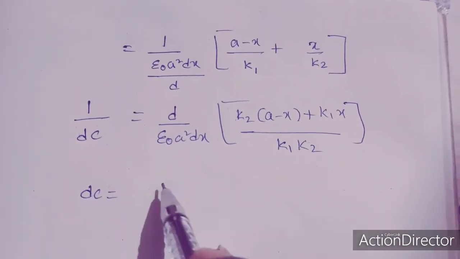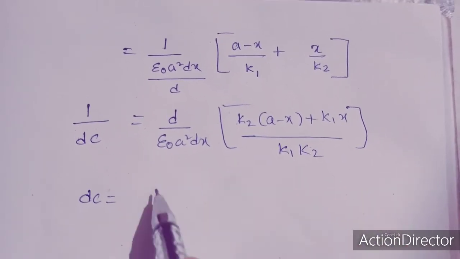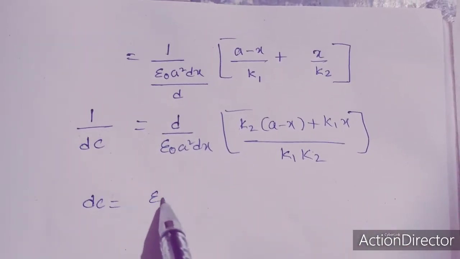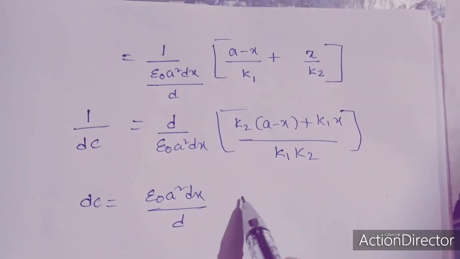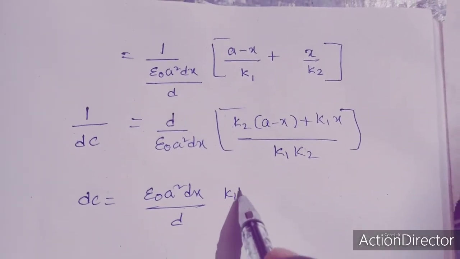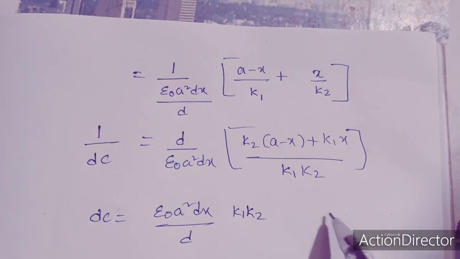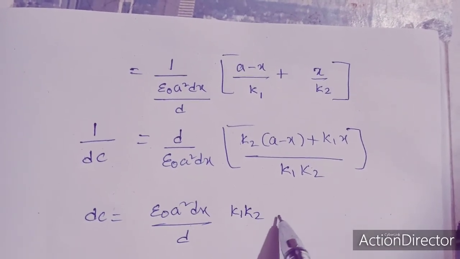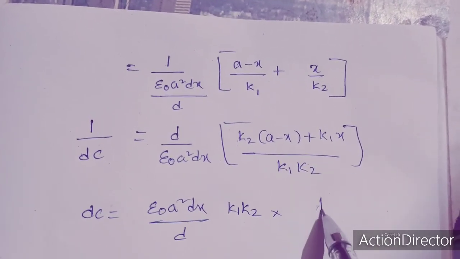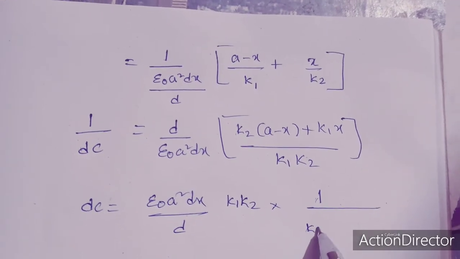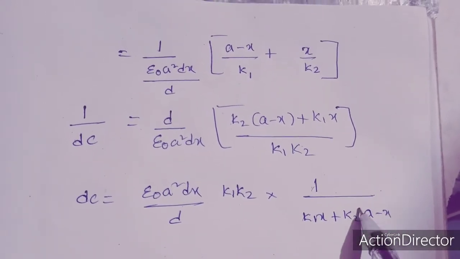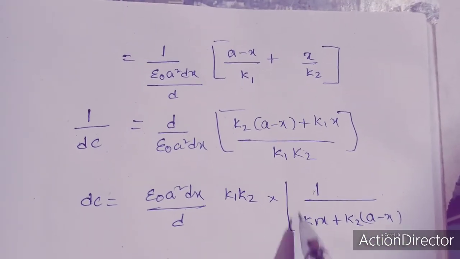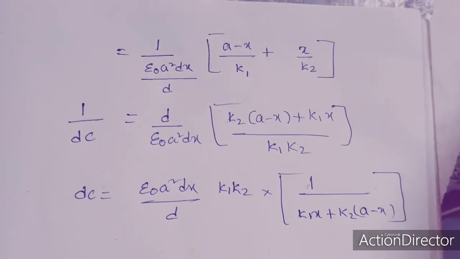I have to write epsilon naught a square dx divided by d into k1 k2, into 1 by k1x plus k2 of a minus x. Yes or no? You have to identify this information.